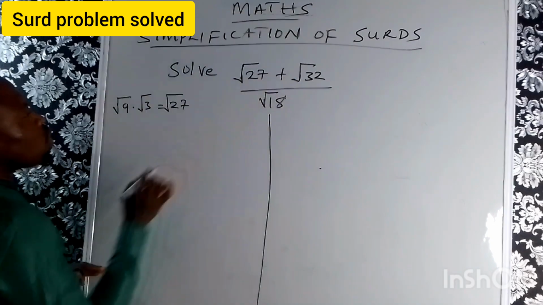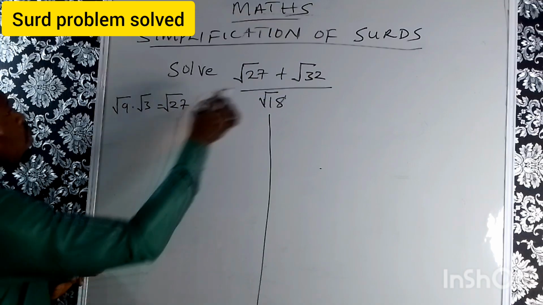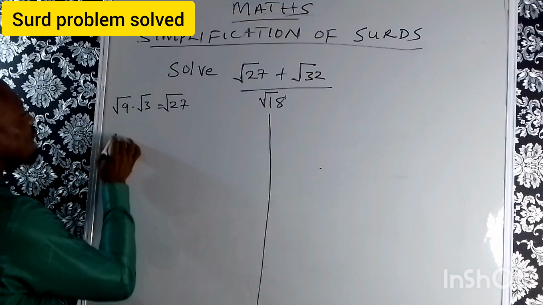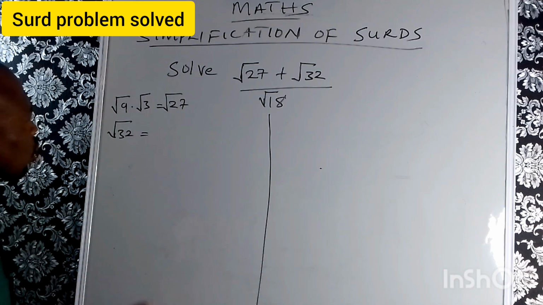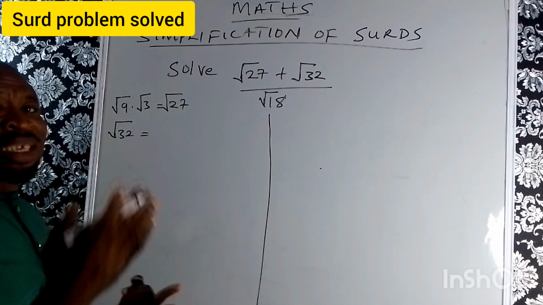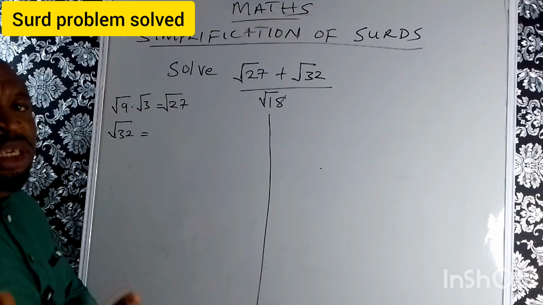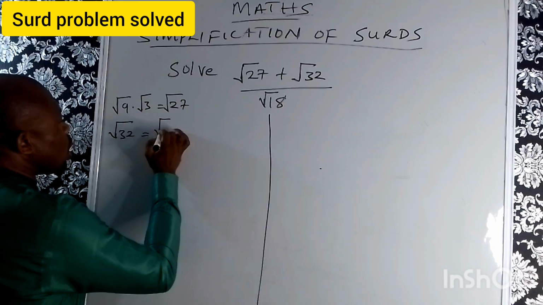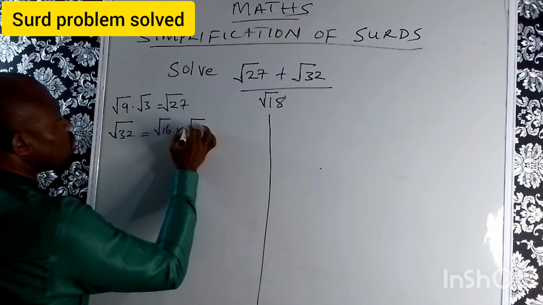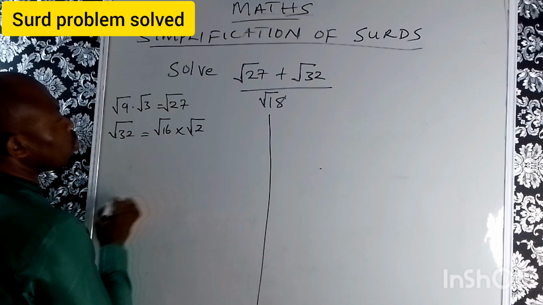Now, you express this one also, which will give us the square root of 32. What are the factors of 32? You can have 16 times 2, which is 32. Of course, 16 is a perfect square, which will give us the square root of 16 times the square root of 2.